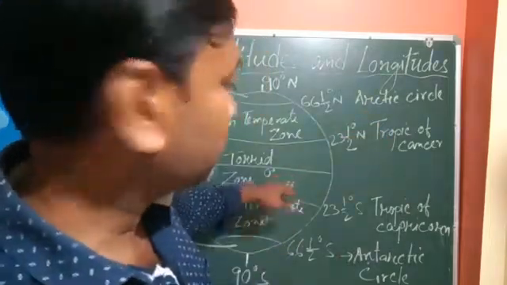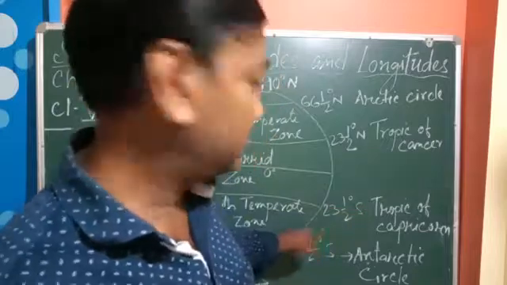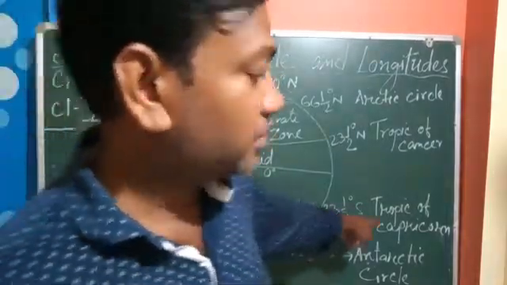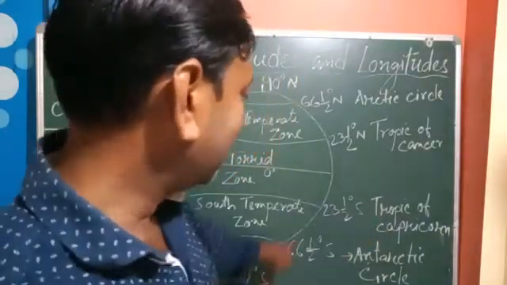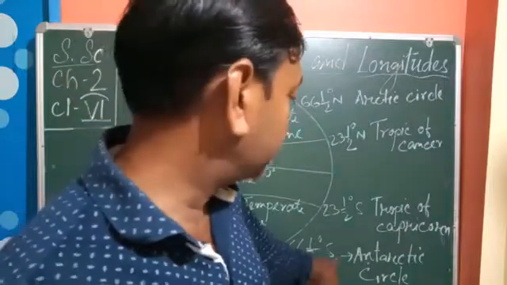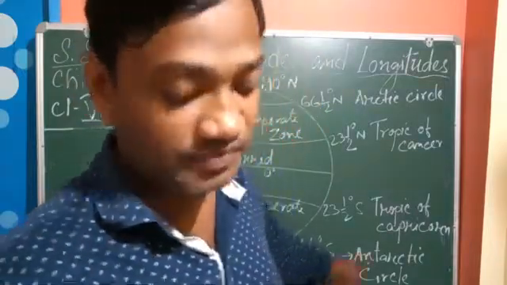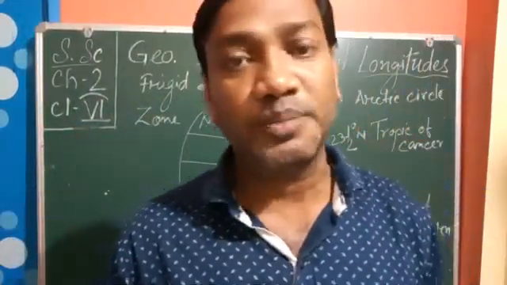Then again, if we go to the southern side, we find 23.5 degrees south, and this parallel is called the Tropic of Capricorn. And again 66.5 degrees south is called the Antarctic Circle. So these are the four important circles we find on the globe.